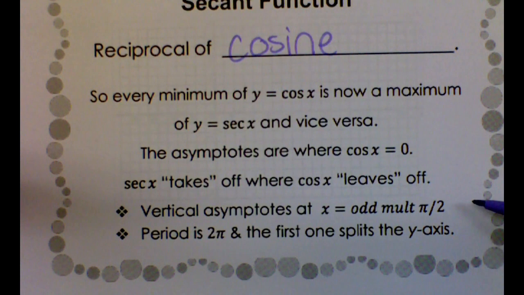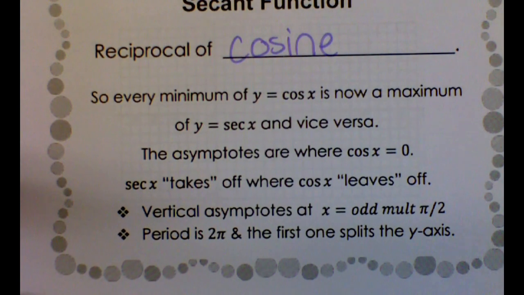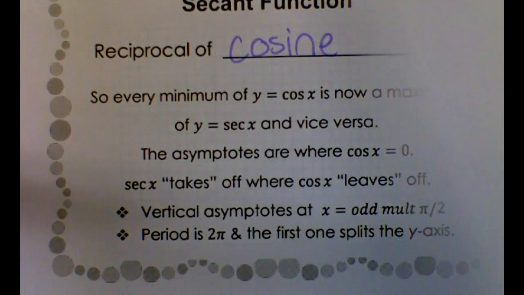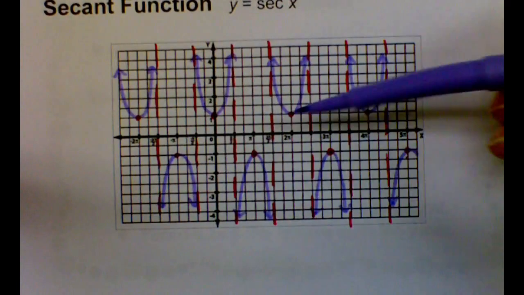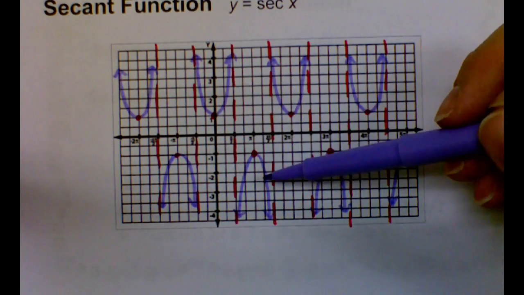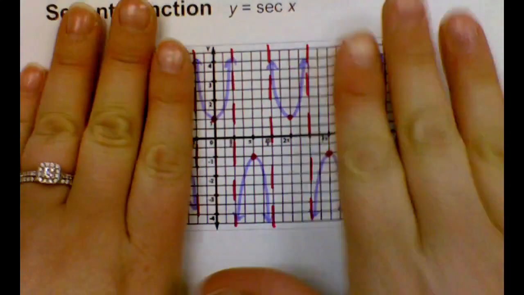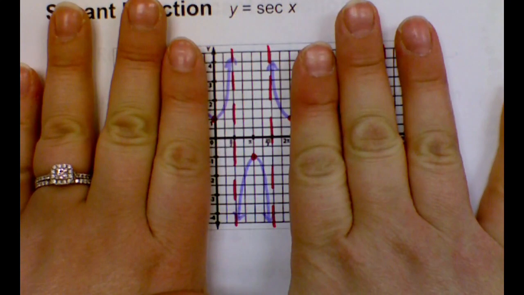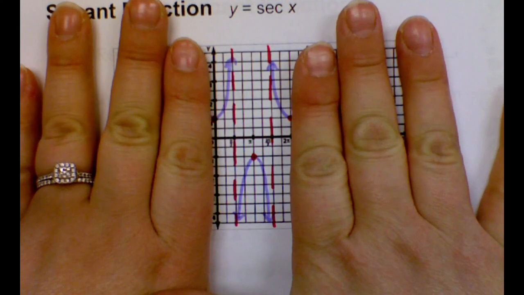There are vertical asymptotes at every odd multiple of pi over 2. The period is 2 pi. The first one splits the y-axis. So realize in secant here, one period is 2 full curves, one up, one down. And technically the first period is that, right? Cutting it off on the left, cutting it off on the right.